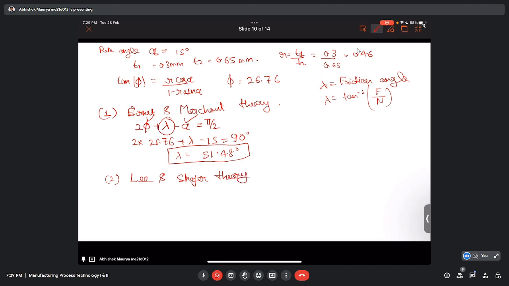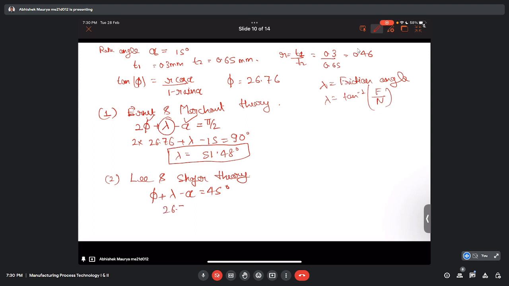He also did the optimization, and what he got, this relationship. So now what we can do, we can substitute the remaining values, and we can try to find out what is the value of lambda.